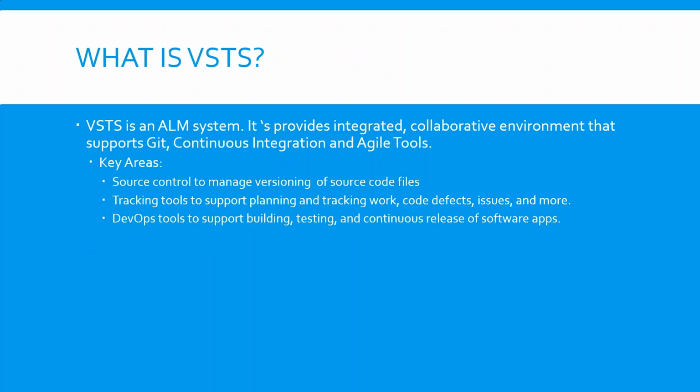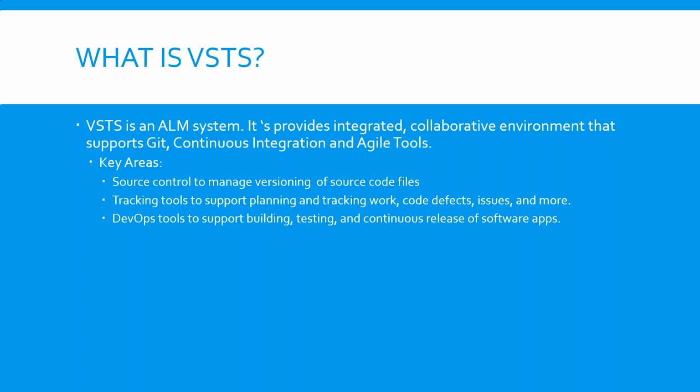So what is VSTS? VSTS is an ALM system. What is ALM? ALM is application lifecycle management. This same kind of ALM system is available from other vendors like HP and IBM. So how does VSTS differ from other vendors?